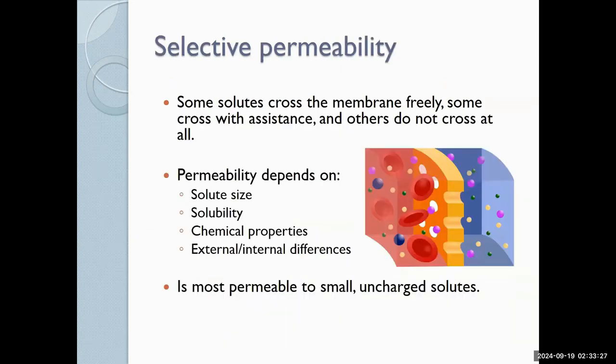Our studies have shown that some solutes cross freely, quickly. Others require assistance, and some never cross at all. The ability to move across a membrane really depends upon the size of the molecule, its solubility, ability to be dissolved in that water, its chemical properties such as charge, polarity, and then the concentration gradient, the internal and external differences.